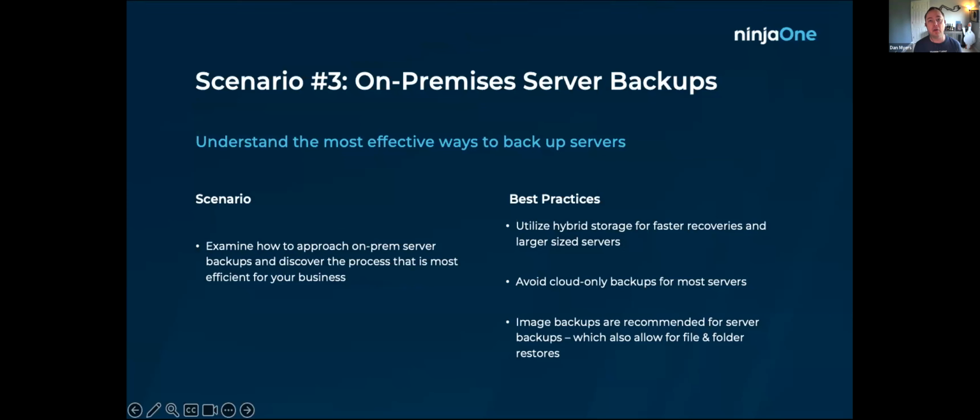So look, if you're going to go cloud only, you better have a really good case. Maybe this is a secondary server, maybe it's really small and it's not going to matter. Maybe you're only talking about a small domain controller, but still, I would avoid using cloud-only backups as much as possible when you're talking about server workloads. And the last point on here, I've sort of glossed over it: I'm recommending image backups instead of file and folder.